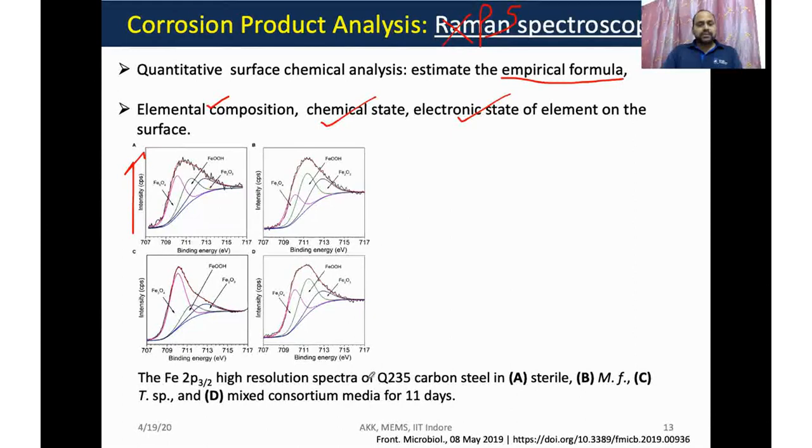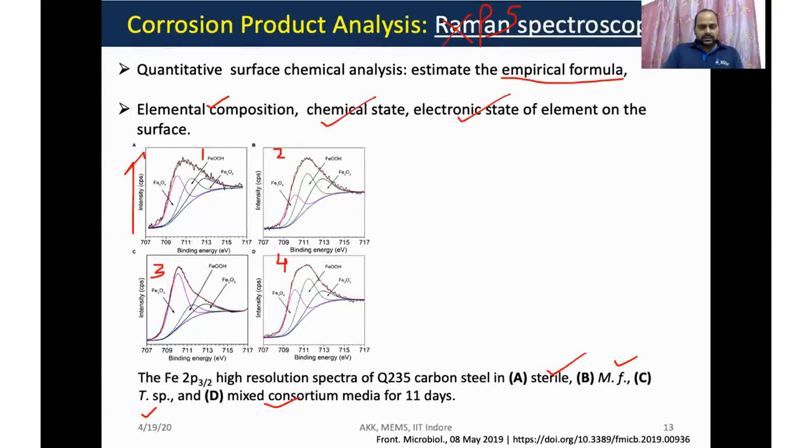This is the high resolution spectra of carbon steel, with these four samples, sample 1, 2, 3, and 4. These four are basically the rust formed when the iron was exposed to four different media for 11 days.